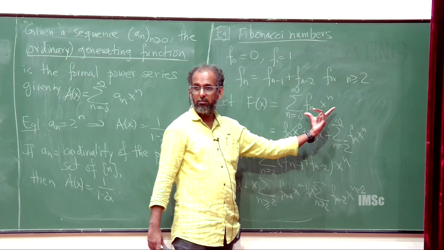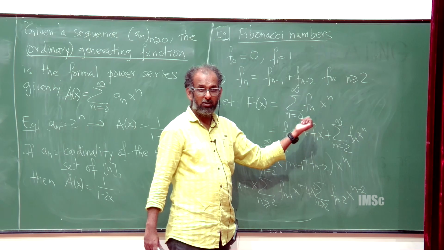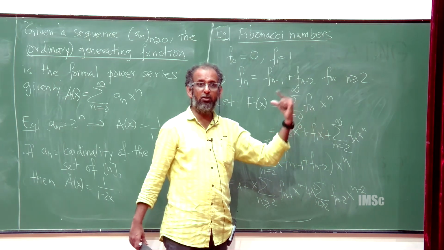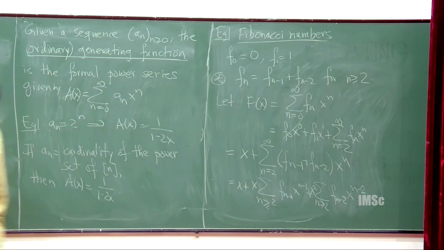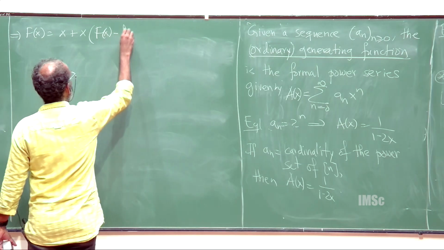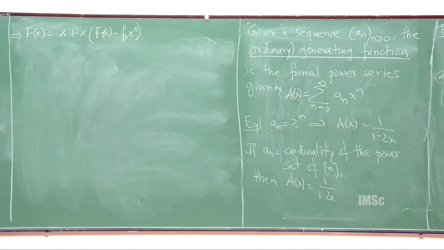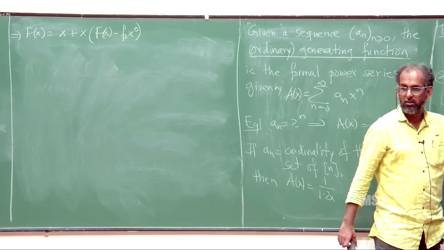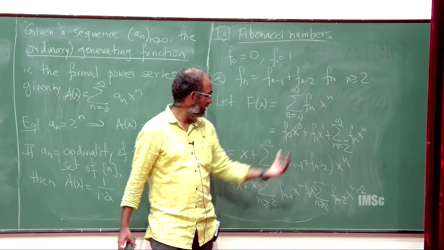Here, what is the first term? f0 x^0, right? So the difference between this and this is just f0 x^0. So I'll write it as f of x minus f0 x^0. You agree? This contains everything except the first term, or the 0th term if you like.